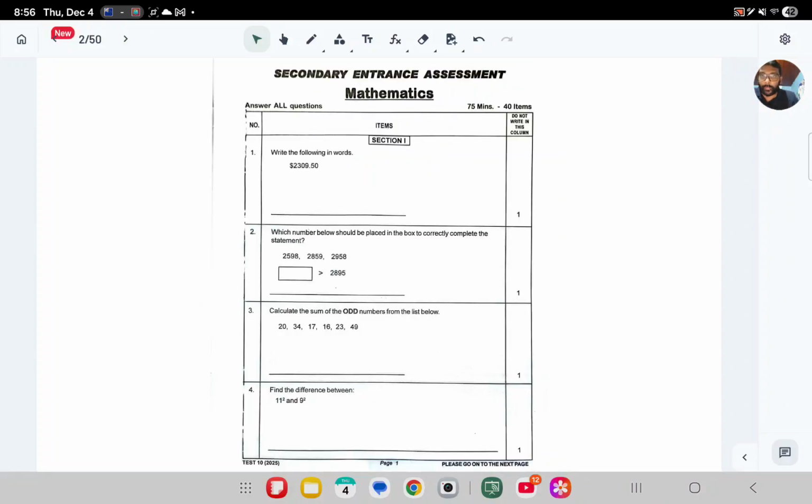Number 1, write the following in words. So we have $2,309.50. 2,309.50.